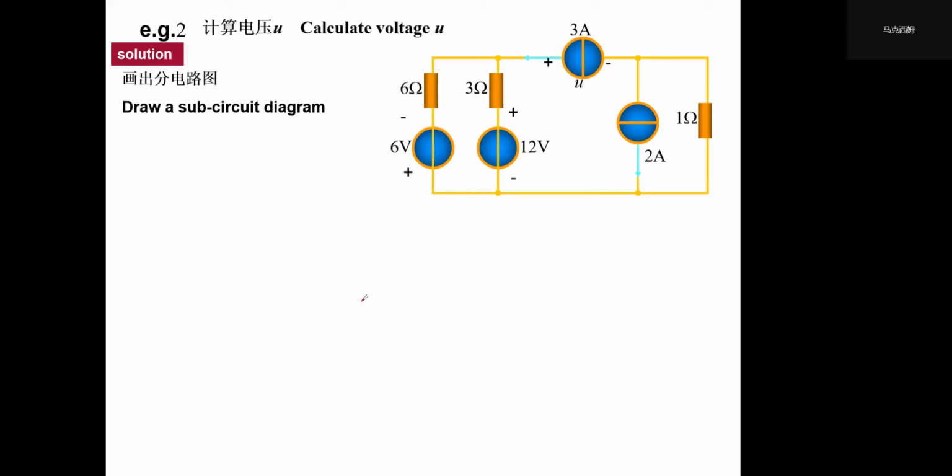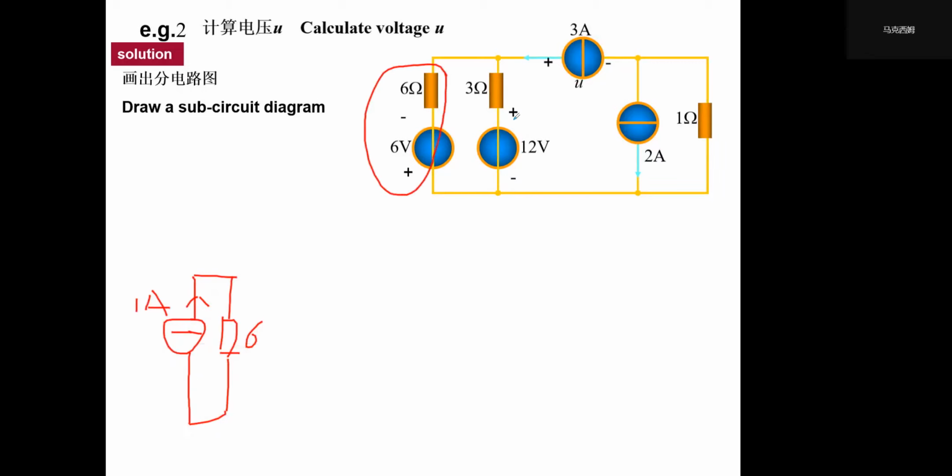We transform this into a 6 ohm with a current source, 6 over 6 is 1 ampere. This is the first branch.